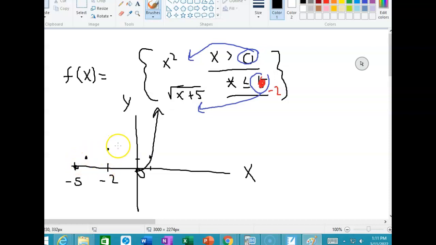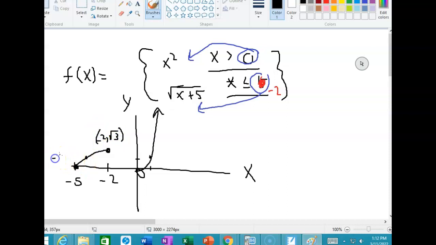And then that's it. You're stopping at -2, right? And that would be like a line segment, like right there. The graph would start at that dot right there and end at (-2, square root of 3).